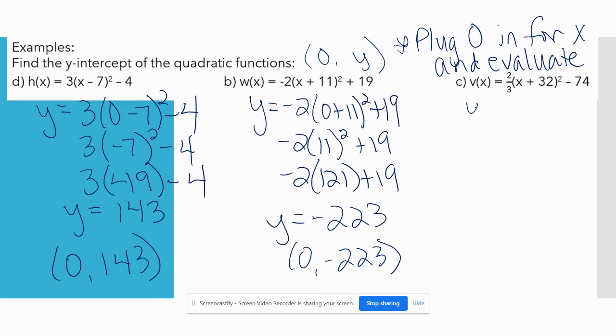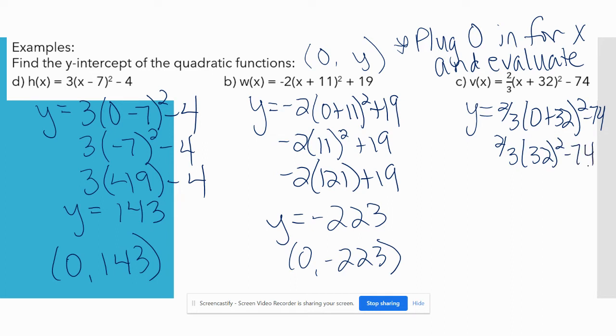And for this last one, we have 2/3 times 0 plus 32 squared minus 74. 0 plus 32 is 32. 32 squared times 2/3 minus 74 in our calculators is going to be a decimal, so we'll round that to 0.7, and we'll estimate our y-intercept to be negative 608.7.